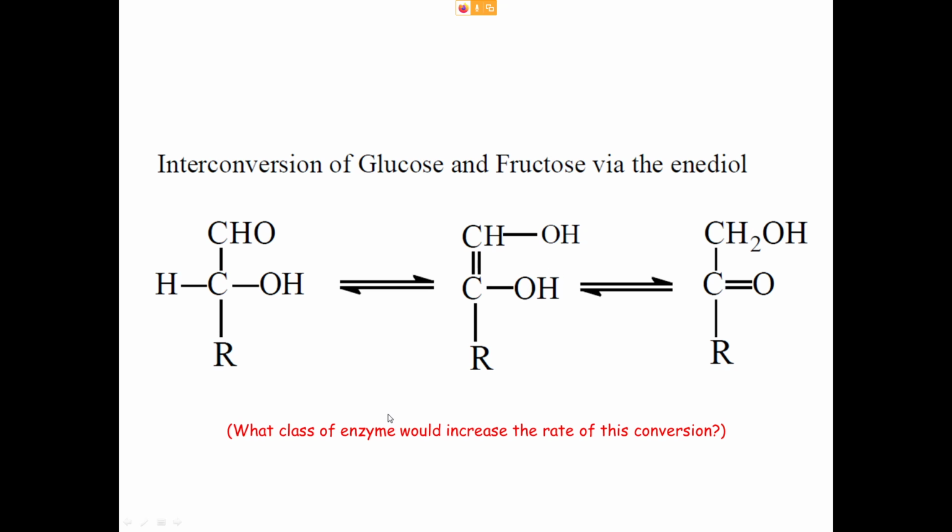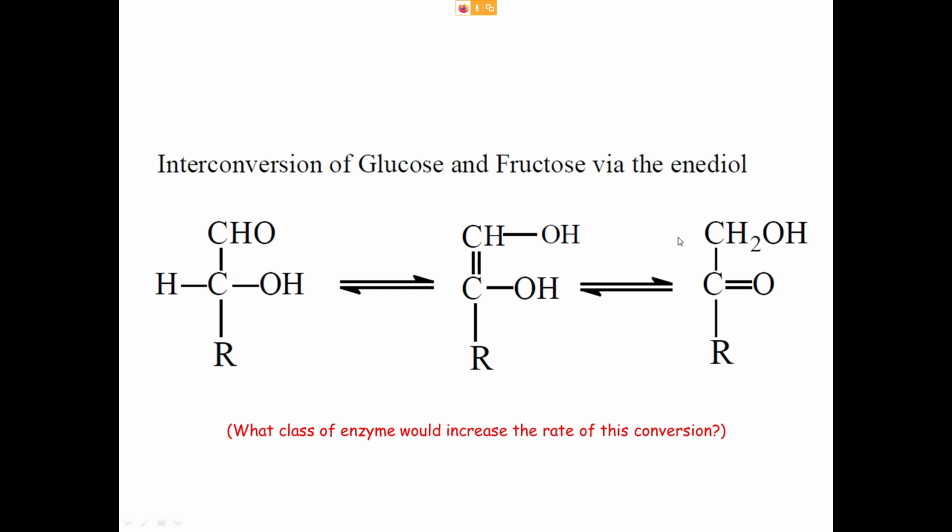So instead of having a ketone or an aldehyde, I have a diol, two OH groups that are bridged by a carbon-carbon double bond, or an alkene. So it's called an enediol. Right? So this is not as stable as the other two arrangements, because the oxygen, being more electronegative, would love to have the double bond to itself rather than between the carbons, but it does exist.